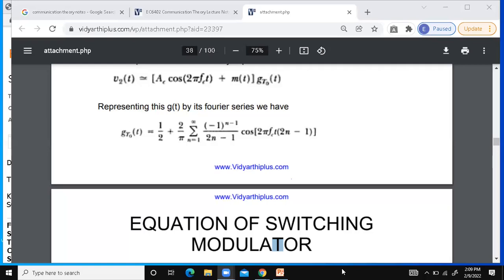Communications theory, sir. Sir, on the screen, do you see a little box at the top right side of the computer screen?